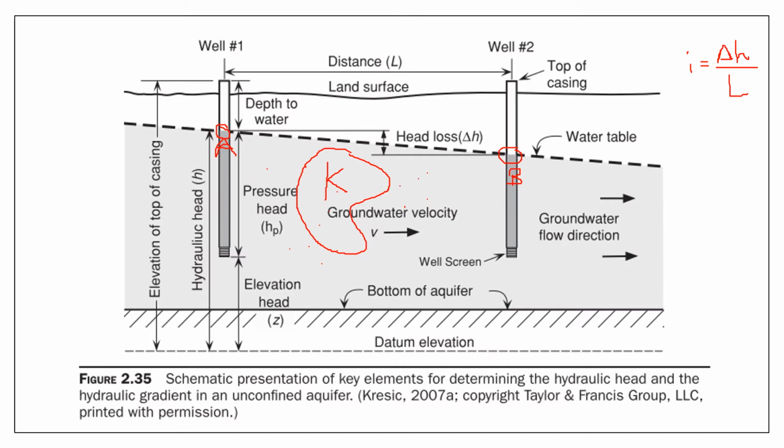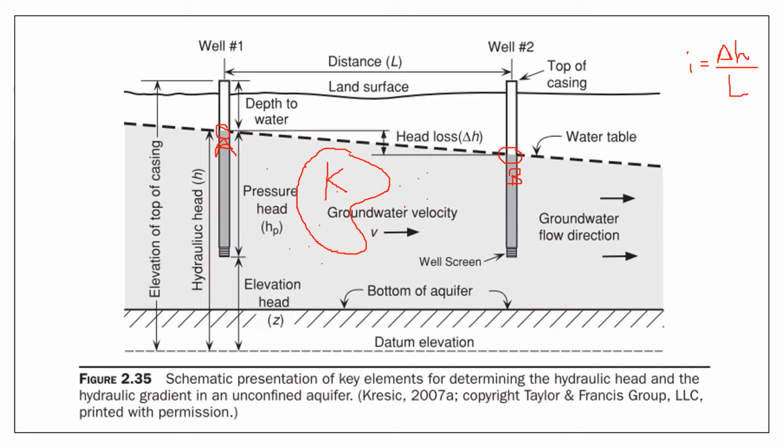As you will see here, from point A going to point B, you have a change in the elevation of your water table. For this scenario, this is just an ideal example.